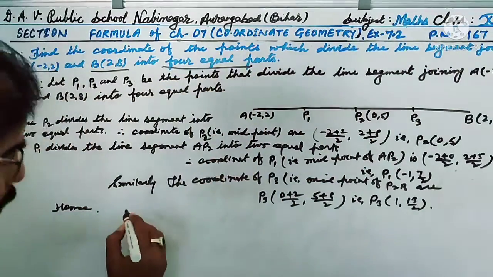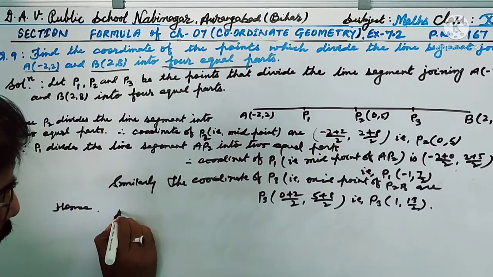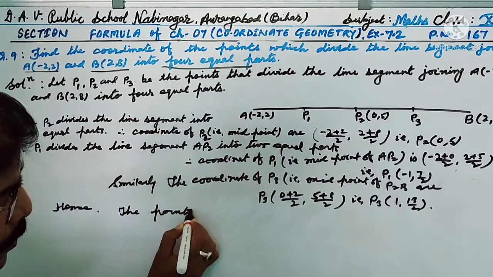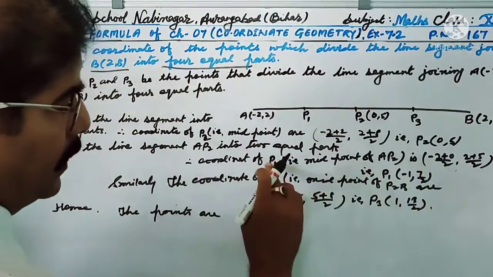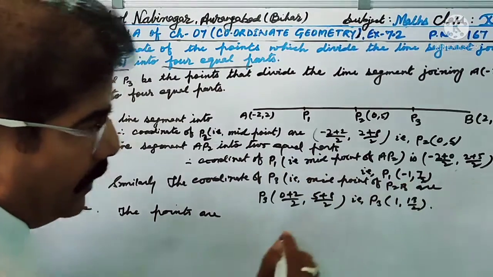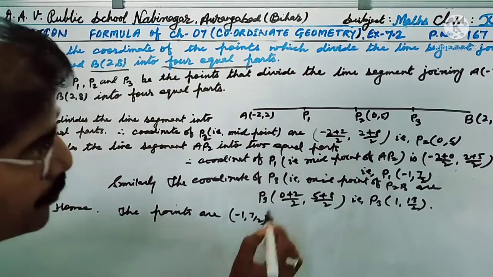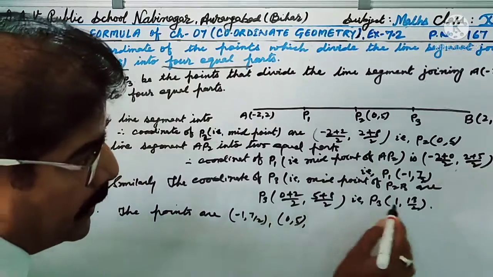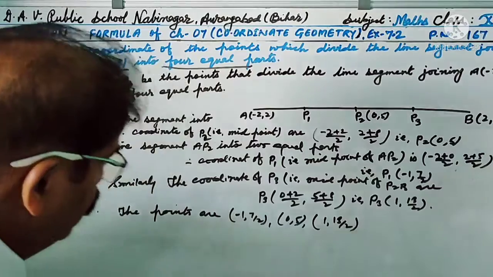So the points are P1 (-1, 7/2), P2 (0, 5), P3 (1, 13/2).